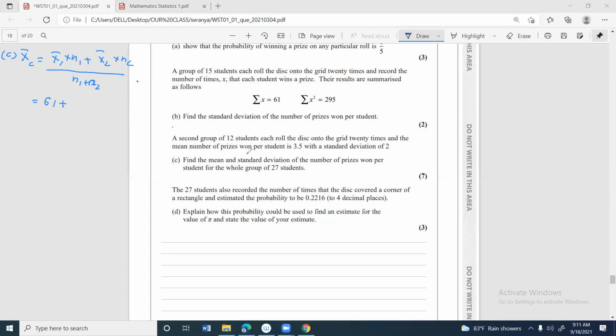Plus the second one, where the mean of the second group of 12 is 3.5.